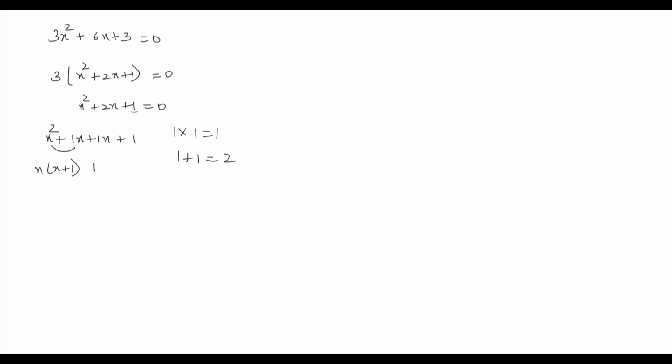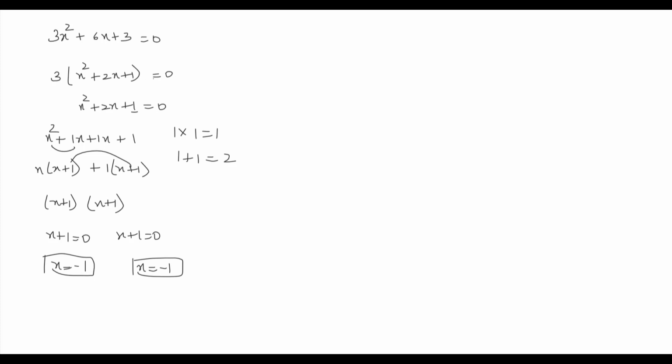So x plus 1 is common, x plus 1 and x plus 1. x plus 1 is equated to 0, x plus 1 is equated to 0, x is equal to minus 1 and x is equal to minus 1. Therefore, the four zeros are root 5 by 3, minus root 5 by 3, minus 1 and minus 1.